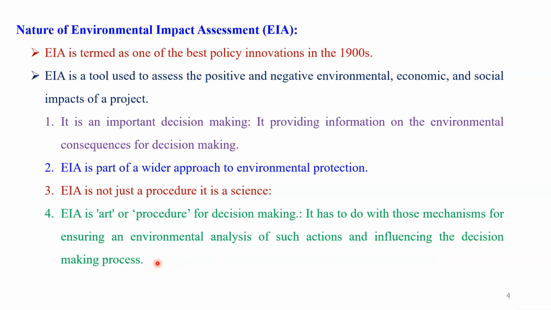Yes students, this is very important, because when we take the decision, our decision totally depends on the report of the environmental impact assessment. Until we read that report properly and get the detailed information about that environmental impact assessment process, we cannot finalize our decision.